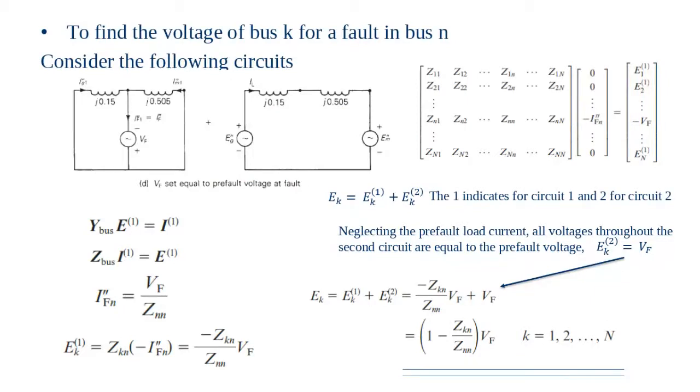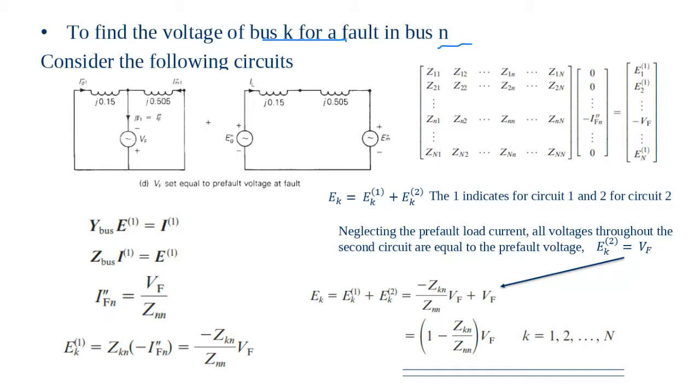Very simple. So how do we find the fault current in here? Again, we want to find the voltage of bus K for a fault at bus N. Now this is another thing here. If a fault happens at bus number N, what will be the voltage at bus number N?